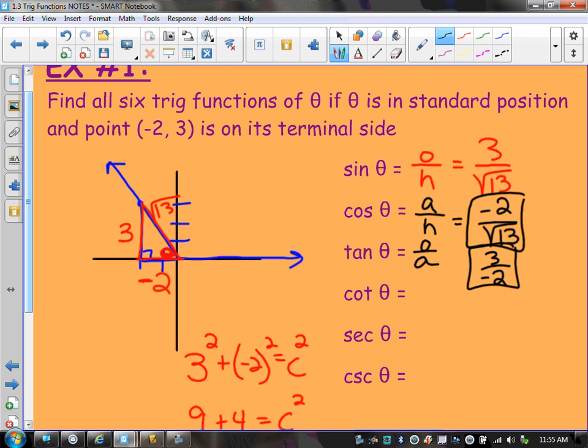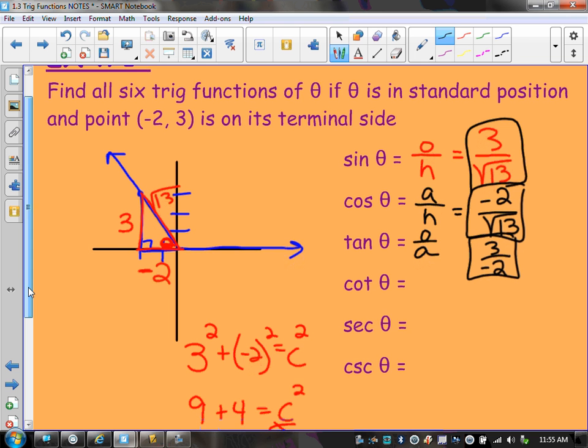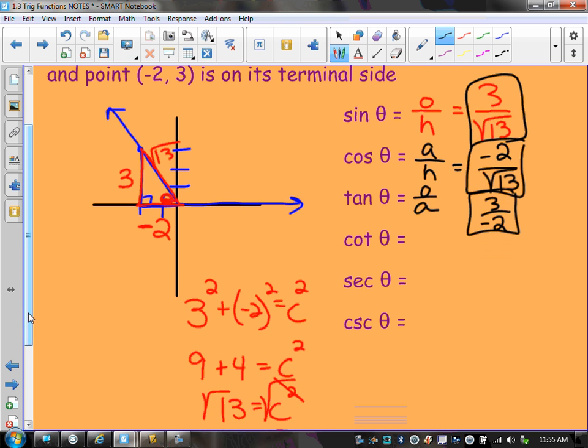Okay? All right. So we said before that if you can get the first 3, hopefully you can get the last 3 by simply taking your 3 and flipping them, taking the reciprocal. Remember, tangent and cotangent go together. So if tangent is 3 over negative 2, that means cotangent is negative 2 over 3. Easy enough, right?